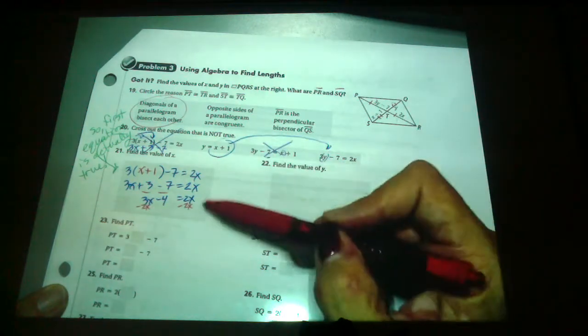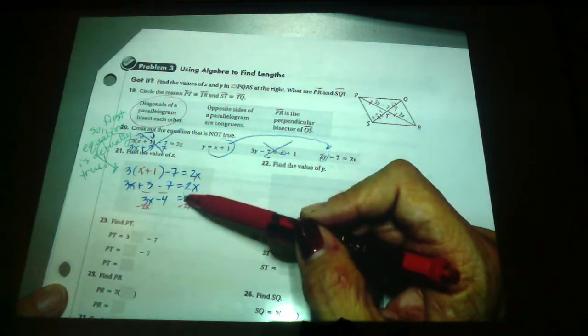But then that leaves me what on this side? 0. Can't I do 2 steps in one now that we're in geometry? Are you okay with me adding 4 to both sides at the same time? My x is there, my 4 is there. So we end up with x equaling 4.